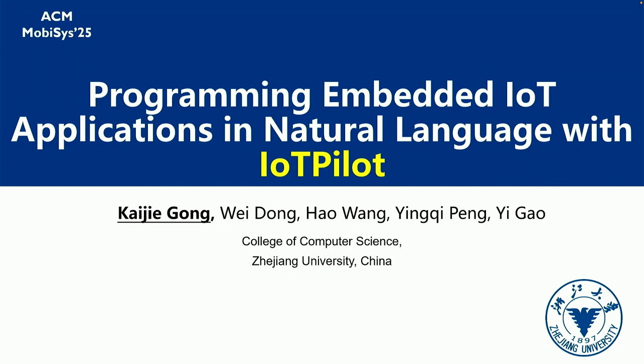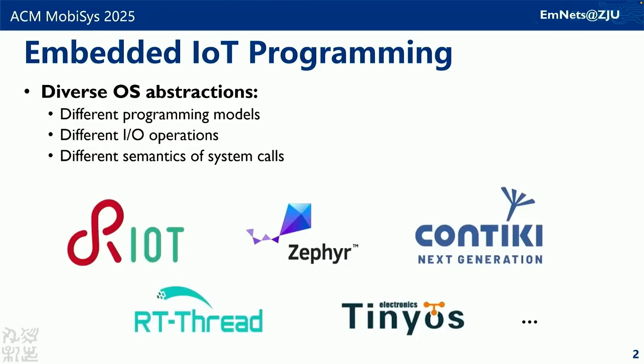We are here to present our work, Programming Embedded IoT Application in Natural Language with IoTPilot. Embedded OS such as IoT OS therefore play an important role in IoT application development. These OS typically provide different abstraction layers for reading and writing.